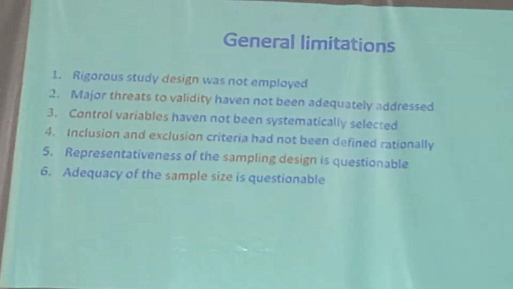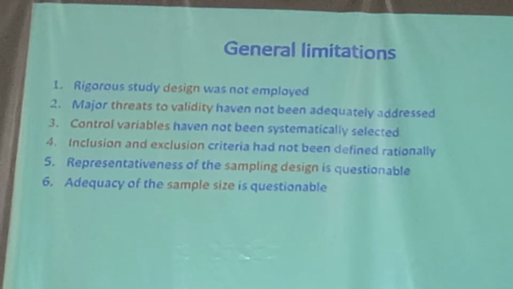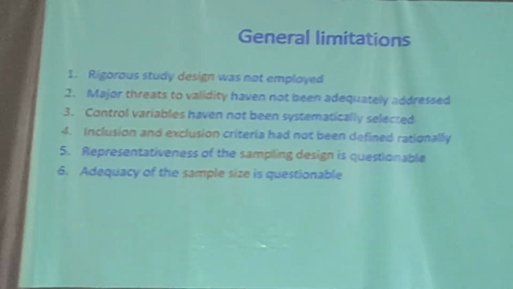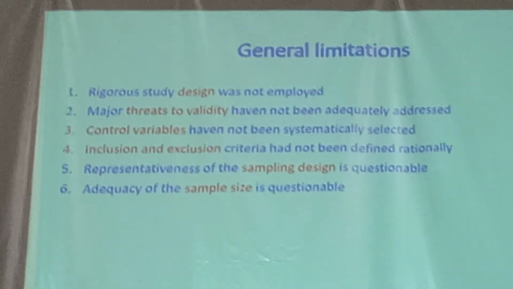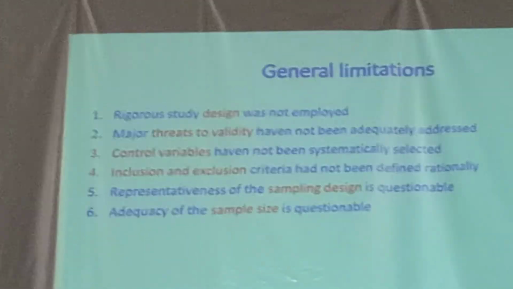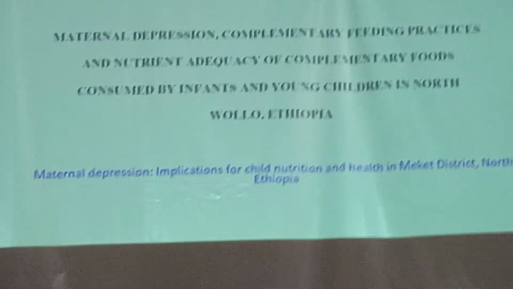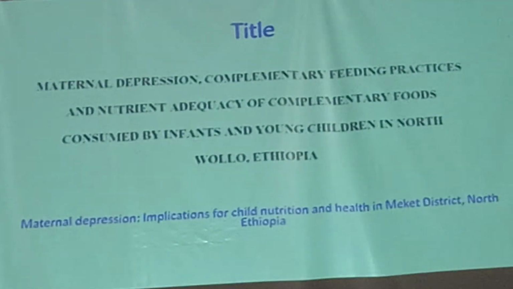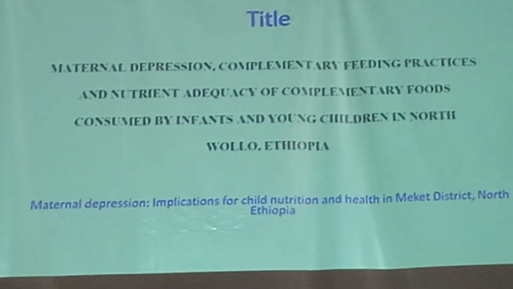Probably Anchamo would respond with justifications, but I assume the issue of representativeness and adequacy of sample size is a question, though it would also give him a chance to justify himself. So when I come to section by section comments, the title, complementary feeding practices, dietary adequacy of complementary foods consumed by infants and children, also seems very long.